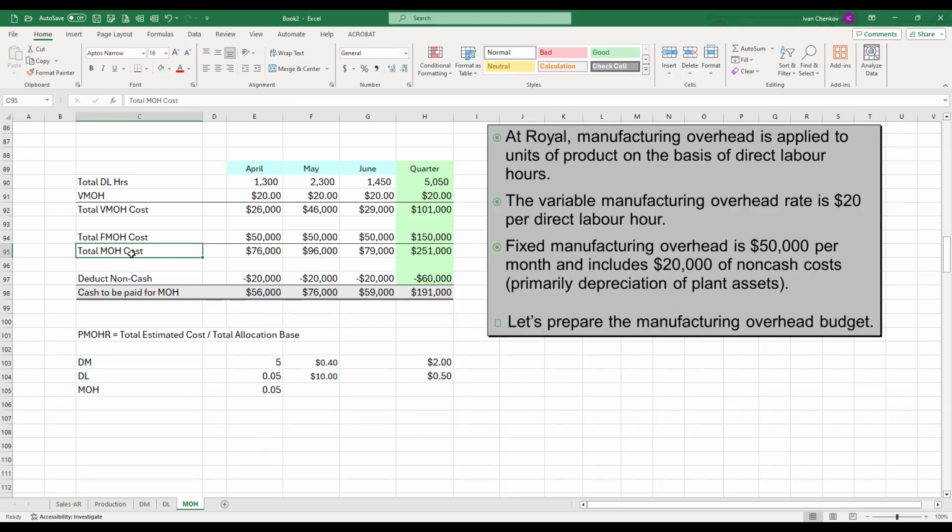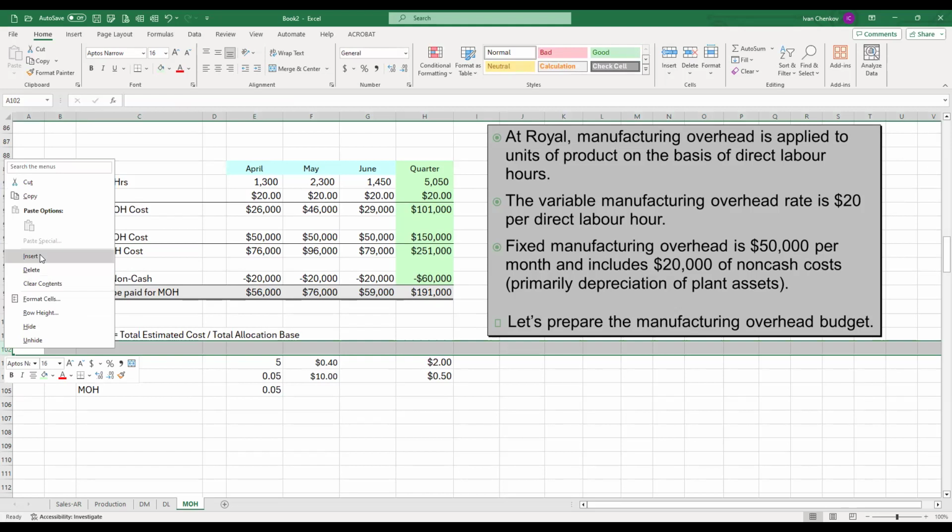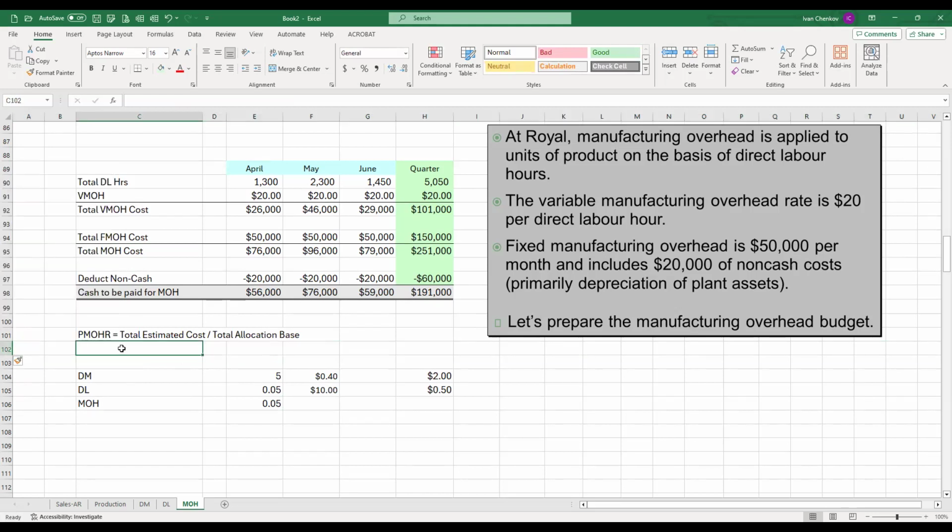Did we already calculate the total manufacturing overhead cost? Can we find it somewhere on the sheet here? How much is our total estimated manufacturing overhead cost? Can you see it?